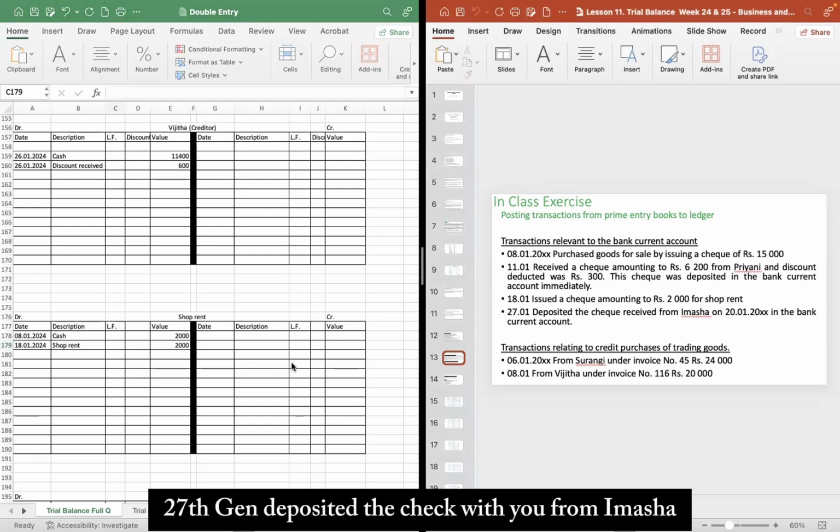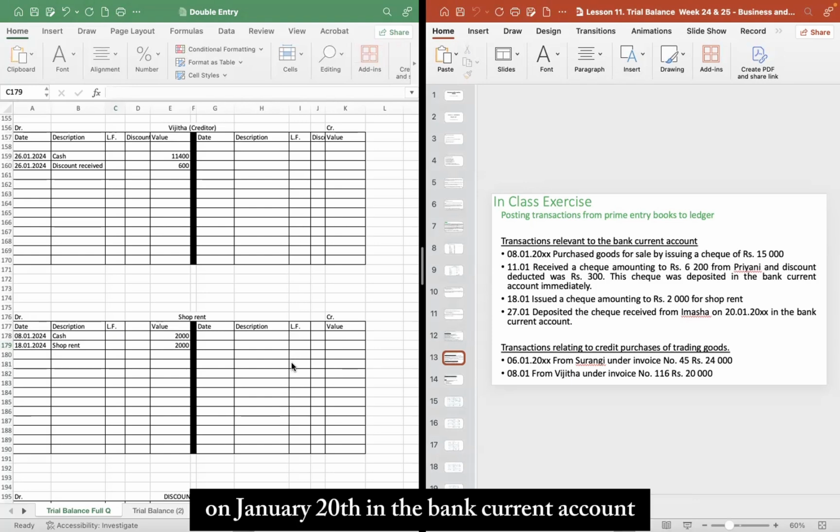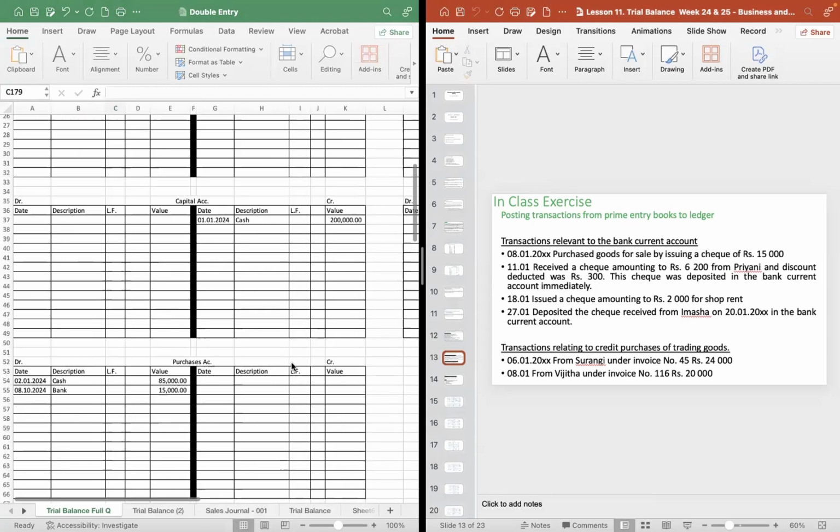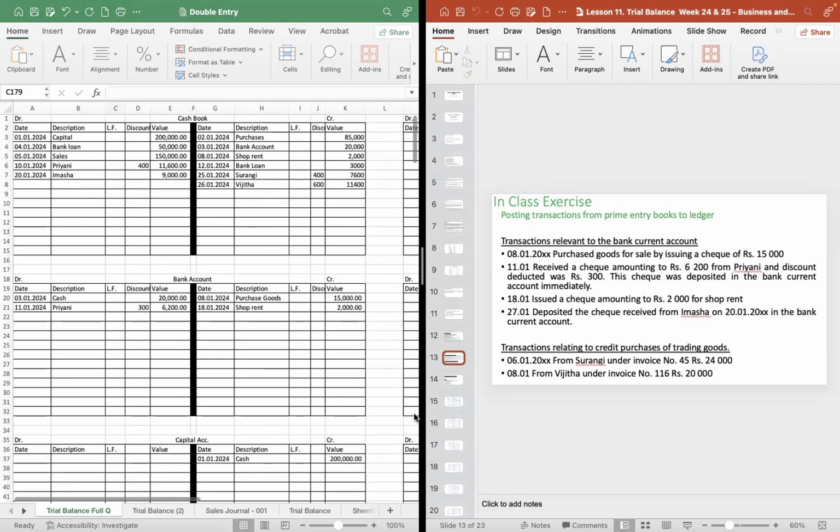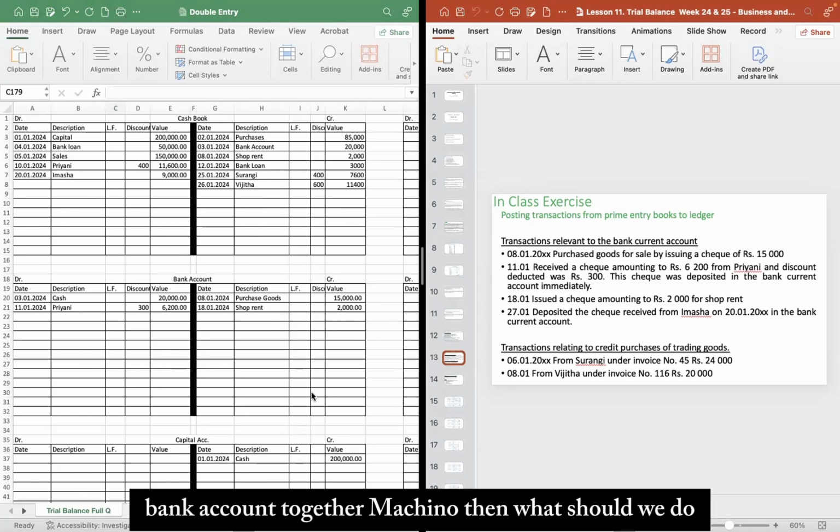Then, 27th Jan, deposited the check received from Imasha on January 20th in the bank current account. This is what we discussed earlier. Then what should we do?